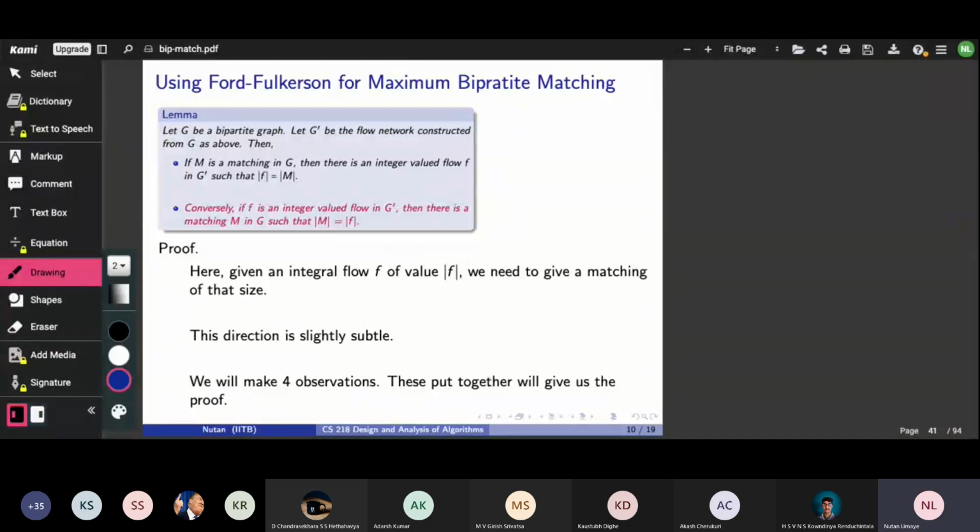But what we did was we gave a direct reduction from the maximum bipartite matching problem to the flow problem by converting the given graph to a flow network and then proving the 2 things written on the slide in the lemma in order to finish the proof. There will be a short tutorial sheet where you'll be asked to show similar things about other applications. And it probably is a good idea to try to do it from first principles whenever possible.